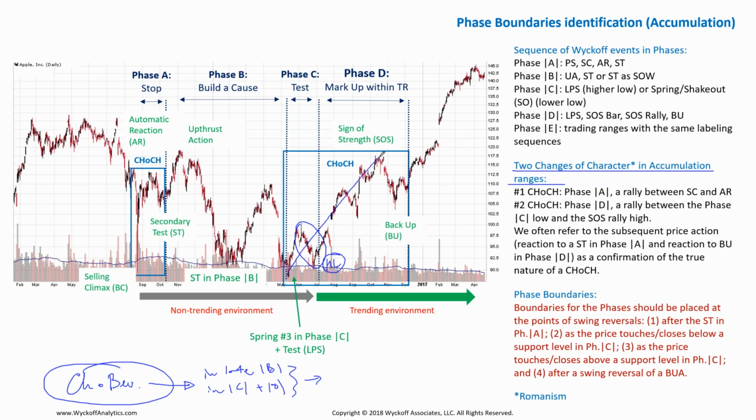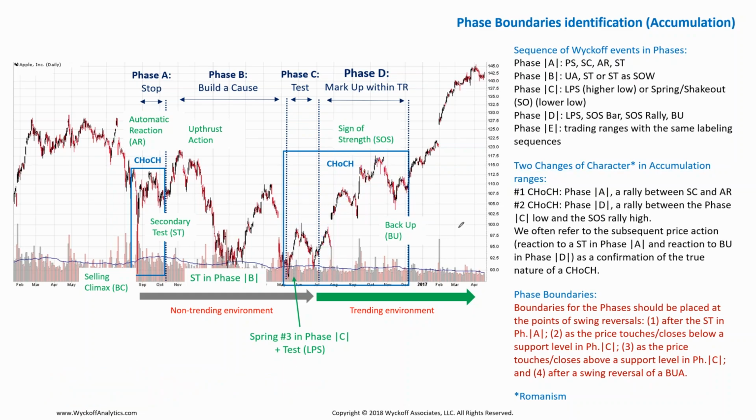So here's that sequence, the best rally and then the best reaction. So here it is throughout this whole range. So that is a change of character, but change of behavior could be just a better rally and then the reaction is still bearish, or usual rally and then a better reaction. So that would be a change of behavior.